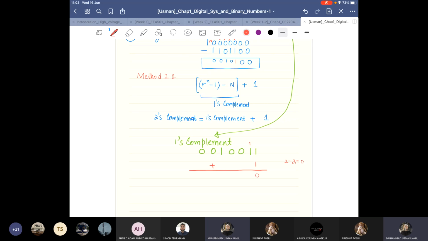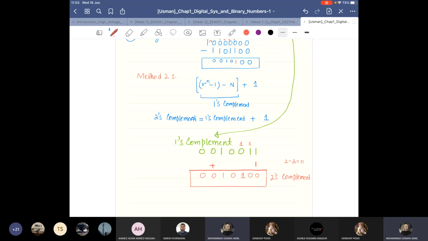Then again 1 plus 1 is 2, minus the base, it is again 0. Then 1 carry here. So it becomes 1, then 0, then 1, then 0, then 0. So this is now your 2's complement.